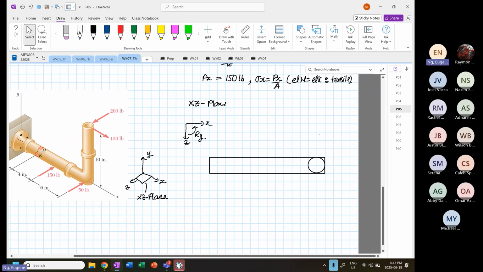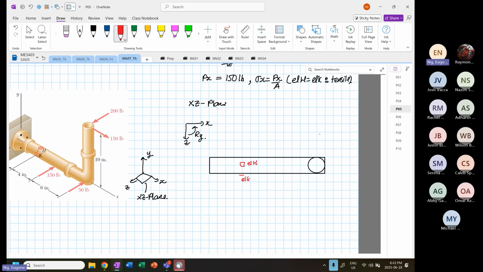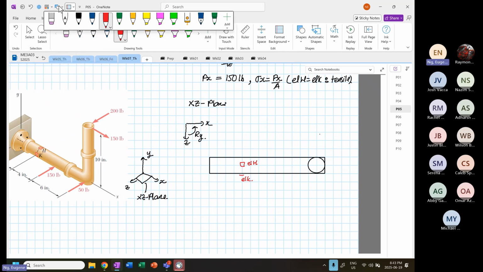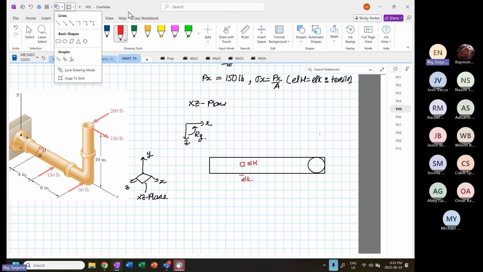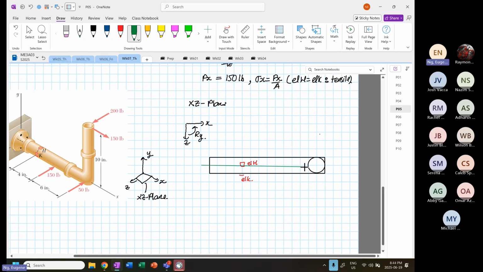Then I'm going to immediately draw our elements. This is our element H. Over here is our element K. And then we are going to draw our green line, the centroid of interest. So this is the centroid.